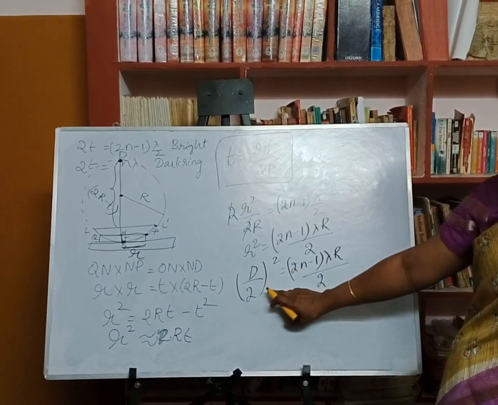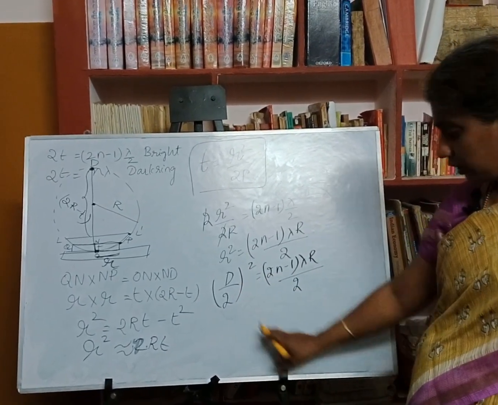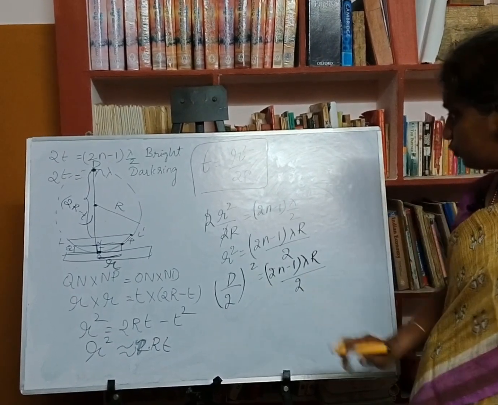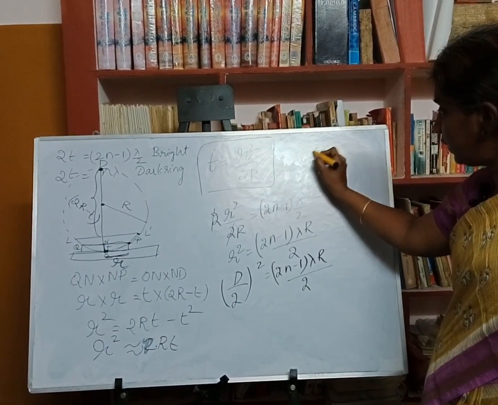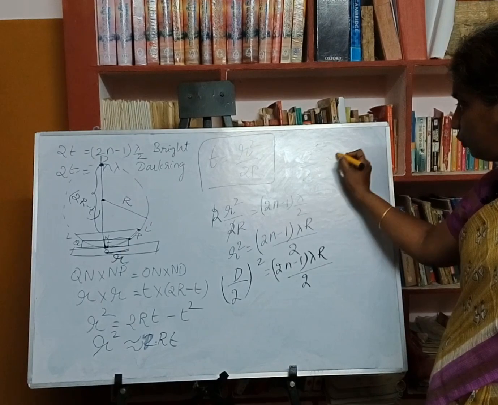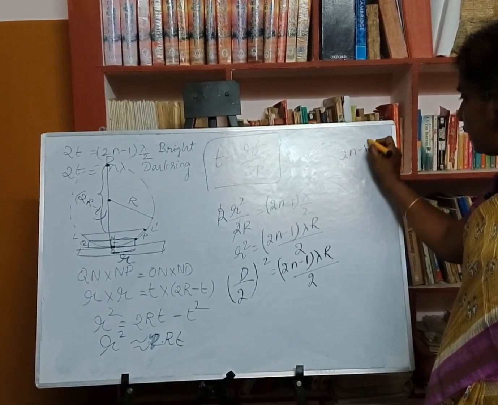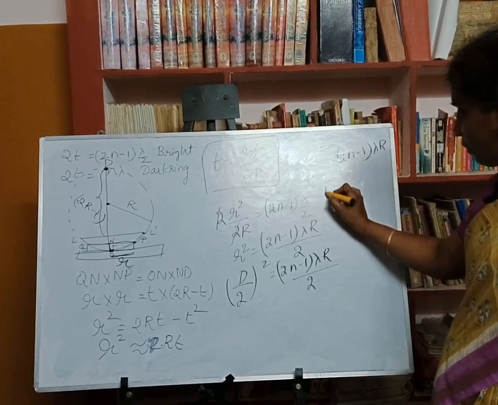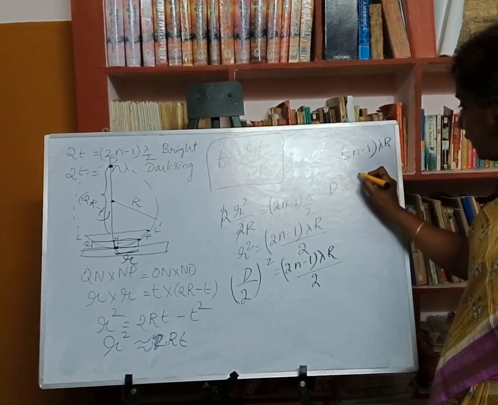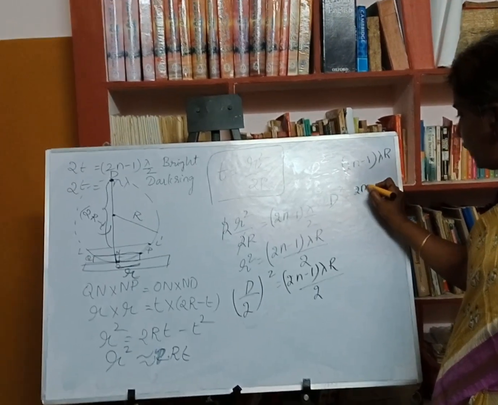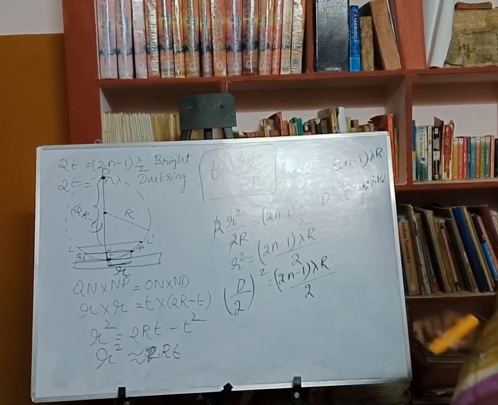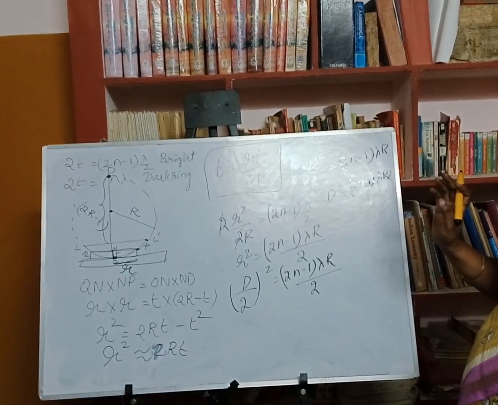So D by 2 whole square will become D square by 4. Here you have 4, this side you have 2, so that will become D square equal to 2n minus 1 into lambda R into 2. This denominator 2 will go to that side.